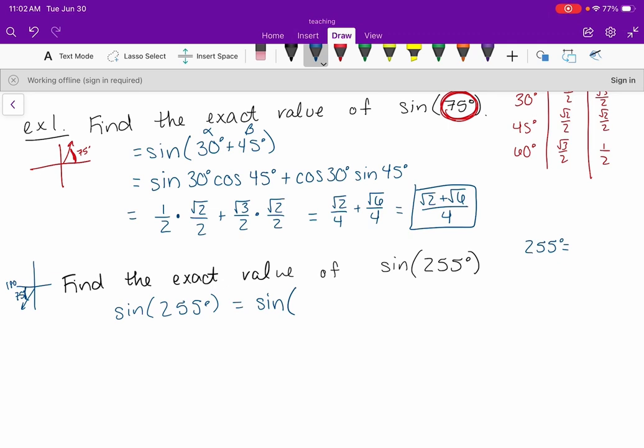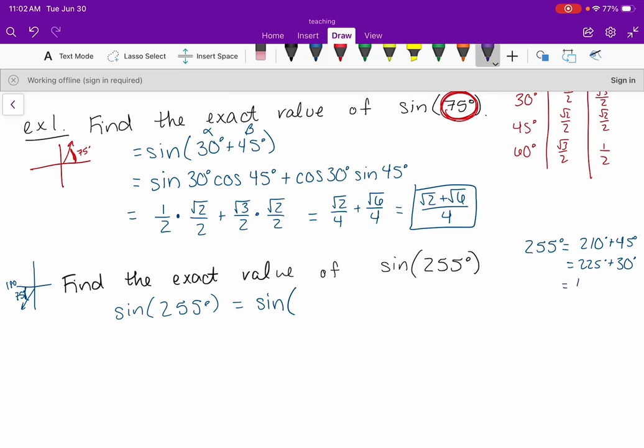So for example, I could do 210 plus 45. I could do another one, 225 and 30. See, some people might say stuff like this.